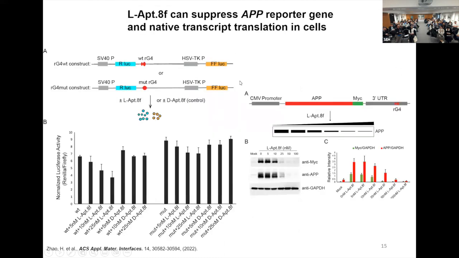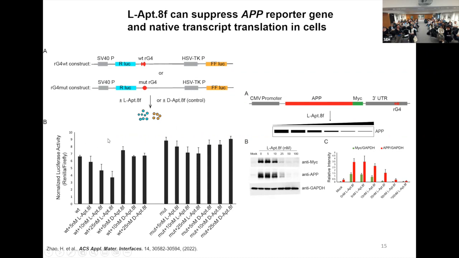At last, we try to demonstrate that when we add this aptamer to the cell, it can showcase some regulation in gene expression. So we start off with some reporter genes, where we have the RG4 and mutated RG4 target, the APP ones. And then we titrate in either the L aptamer, or we have the D aptamer as the control.